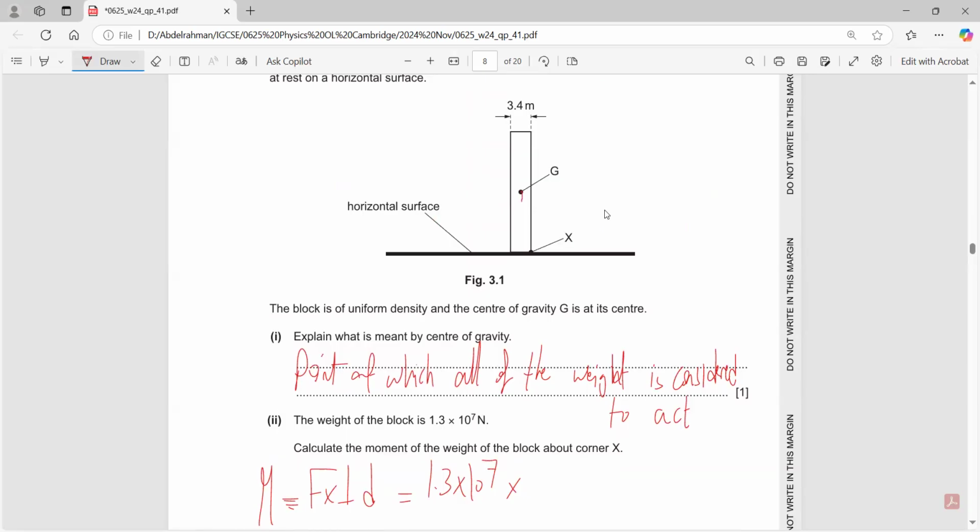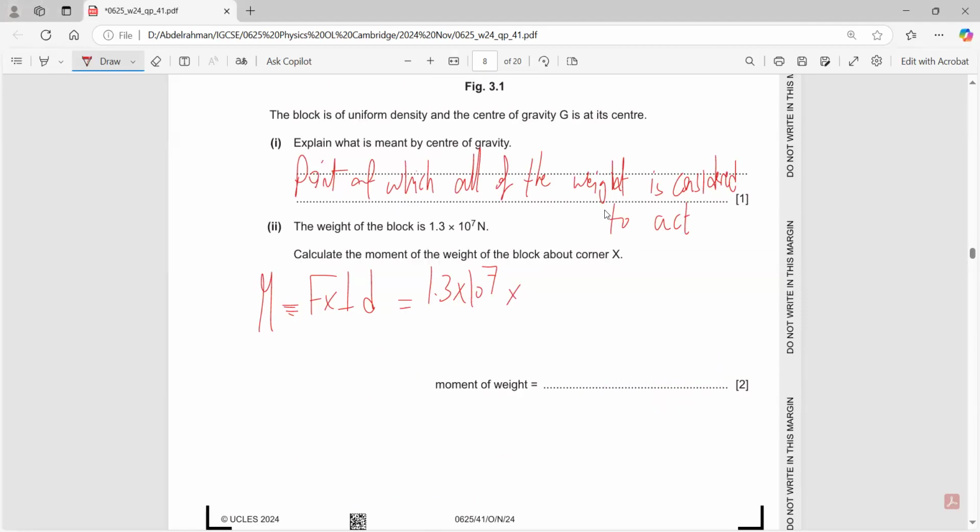This distance is half of 3.4 actually. This very small perpendicular distance is not 3.4, it is half of 3.4, which is 1.7. Okay, so you need to divide by 2. So times 1.7.